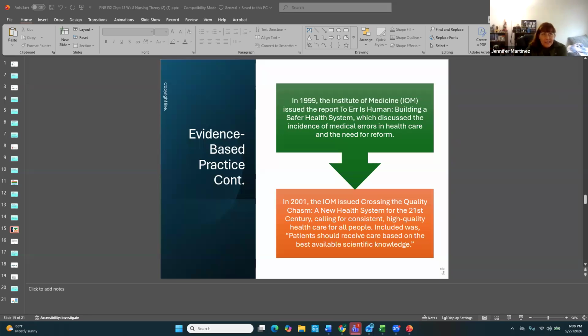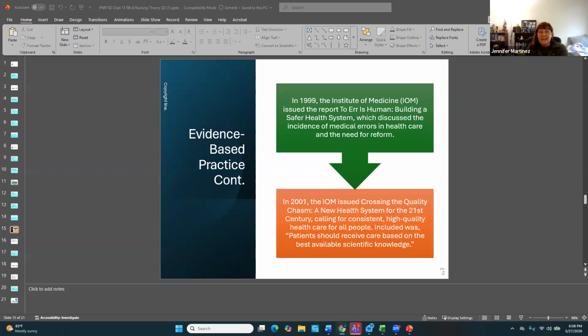Back in 1999, I know this was a long time ago, but this was a landmark study. The Institute of Medicine issued the report To Err Is Human: Building a Safer Healthcare System. I don't remember the exact numbers, though I've read this study.